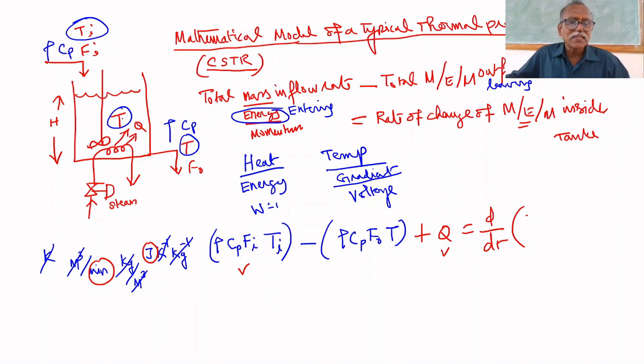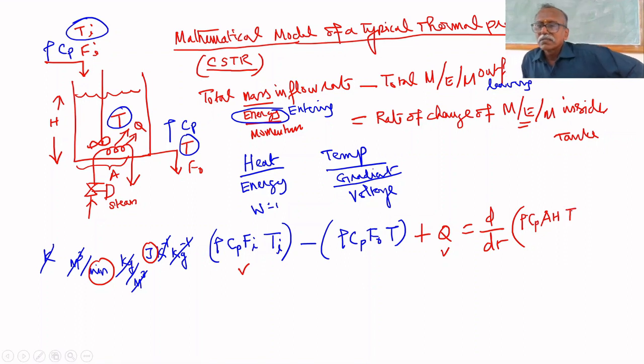What is the energy inside the tank? Volume multiplied by density. Let the area of cross section of the tank be A, so volume is AH. Rho is mass per volume. If you multiply it by Cp and temperature, you will get the heat energy in that mass. So rho Cp AHT has to be differentiated.